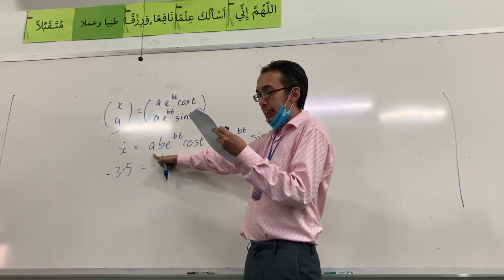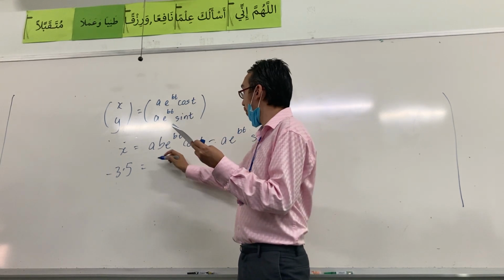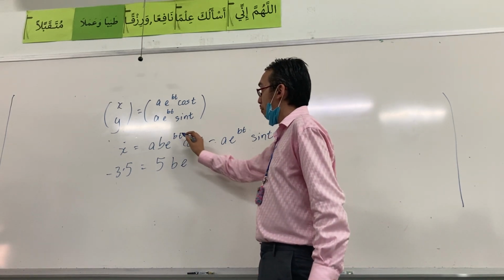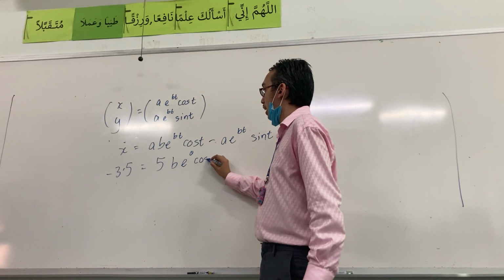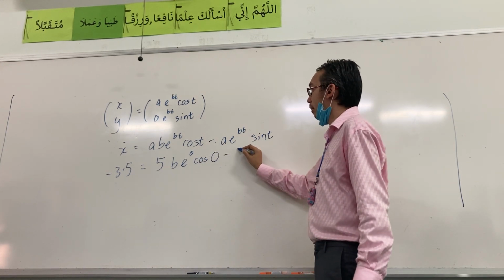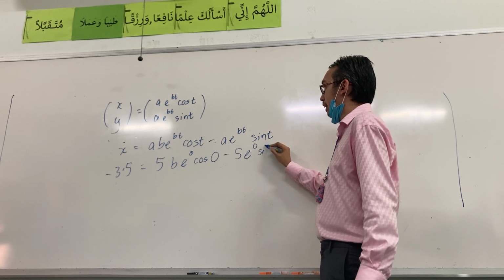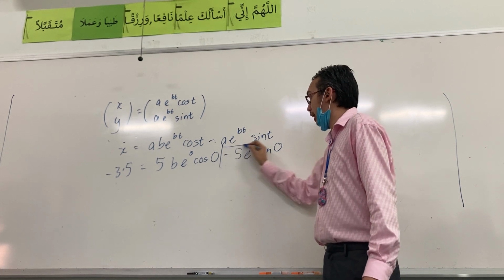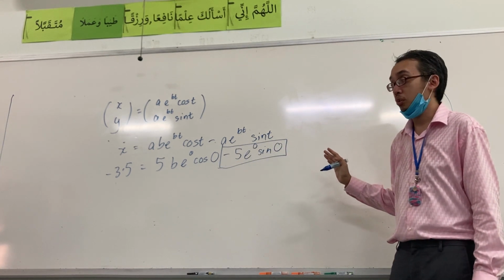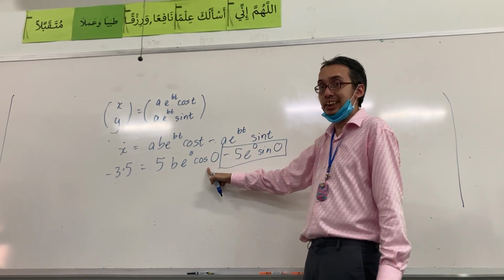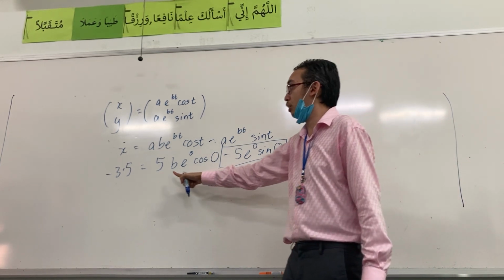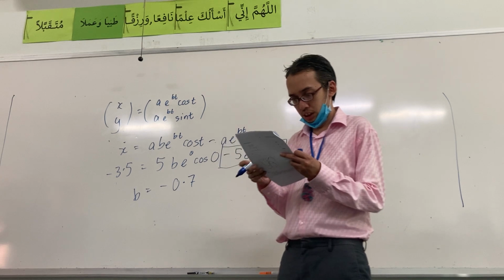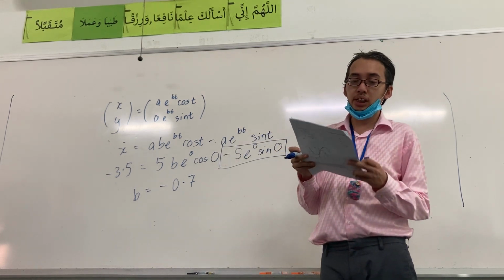A we already got, A is just going to be 5. B we don't know. e to the 0 is 1, cosine 0 minus 5 e to the 0 sin 0. Sin 0 is 0, so this whole thing will disappear. So just focus on this. Cosine 0 is 1, e to the 0 is 1, so it's just going to be 5B. So this will give us B to be negative 0.7. So we have solved.